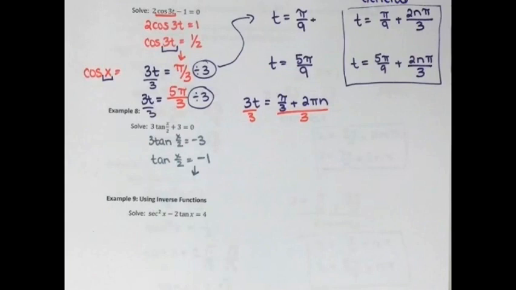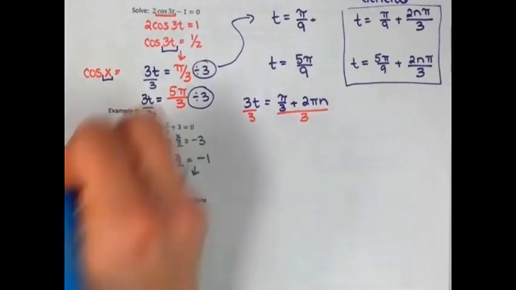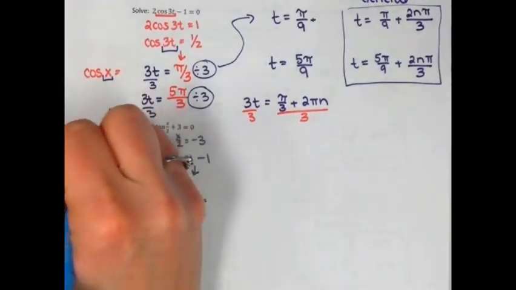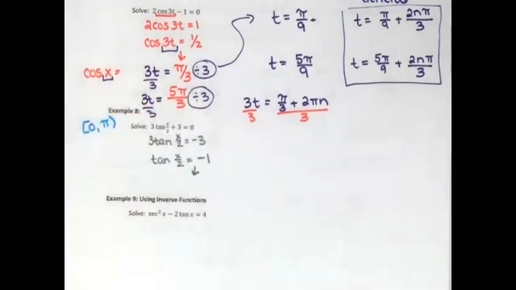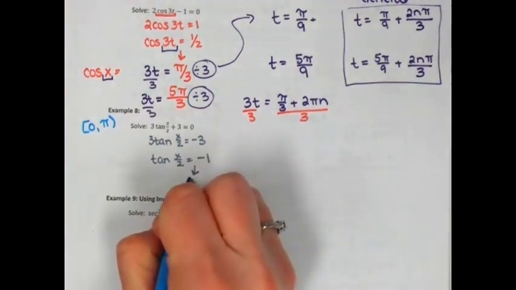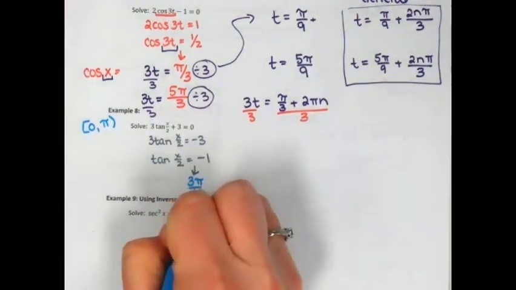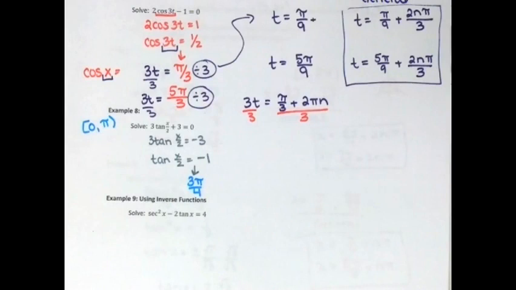However, what is our interval for tangent? It's between 0 and pi, right? So can we use quadrant 3? No, we can only use quadrant 2, right? So wouldn't that just be 3 pi over 4? Does that make sense to you guys?